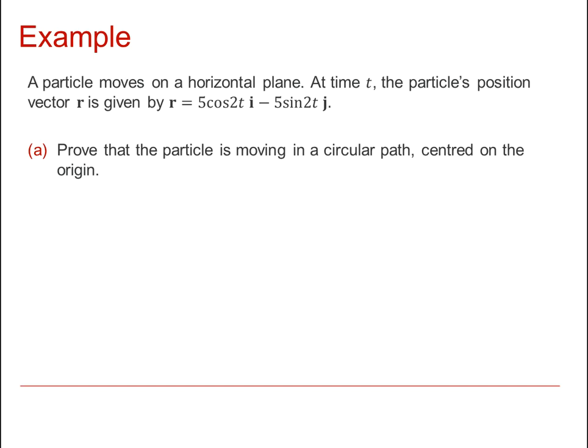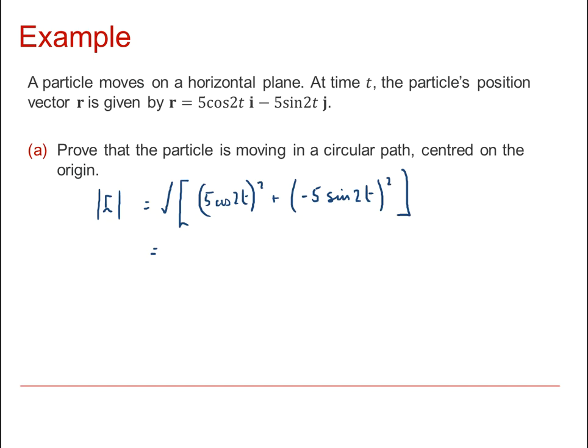To do this we simply need to show that the modulus, or the length of the vector r, is a constant. So we take the square root of the component in the i direction squared, (5 cos 2t) squared, plus the component in the j direction, (negative 5 sin 2t) all squared.